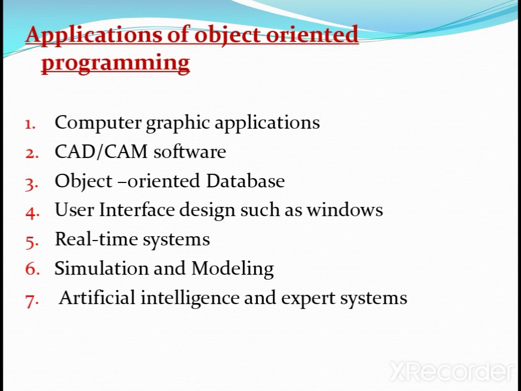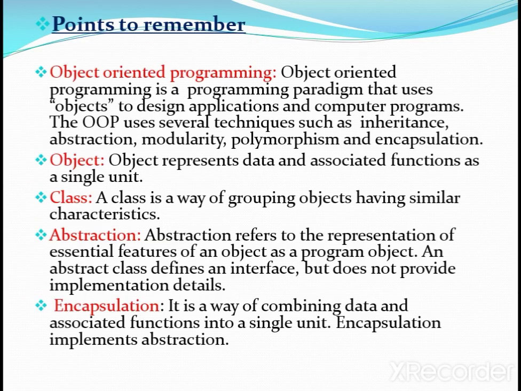This chapter ends here. Let's recall whatever we have studied in this session. First one, object-oriented programming. It is a programming concept that uses objects to design applications and computer programs.